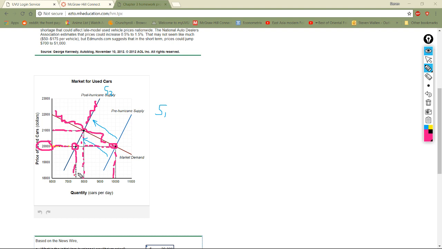So we look over here. Right here, we're on the supply line 2. Okay. So between 7,000 and 8,000, so about 7,500 cars would be what people would be wanting supply at. So we're right down 7,500. Oh, sorry. 7,500. So right there.